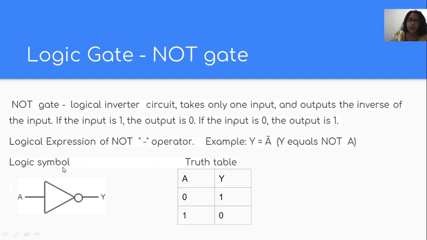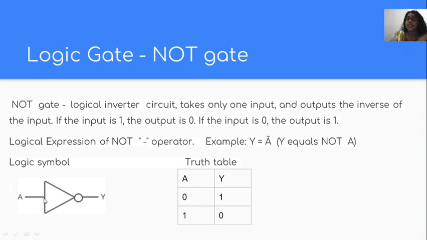You can see the logic symbol, a triangle with a bubble. This bubble indicates the inversion. In any logical circuit where you see a bubble, think that an inversion is happening. What is the peculiarity of the NOT gate compared to AND and OR? This gate has only one input and only one output.